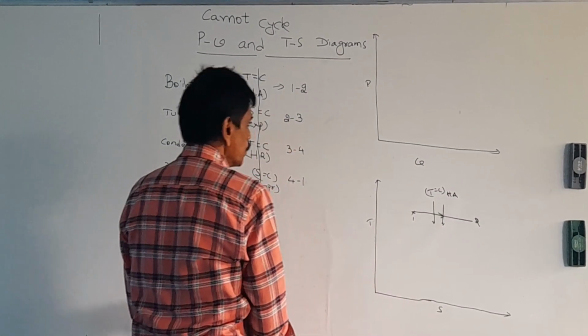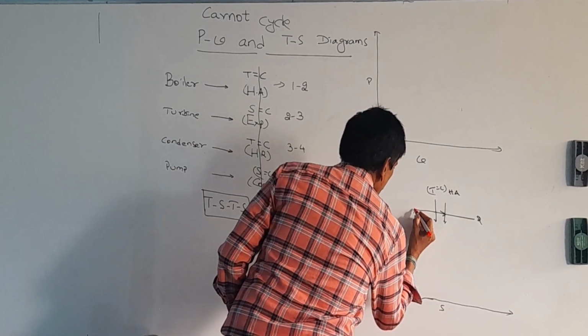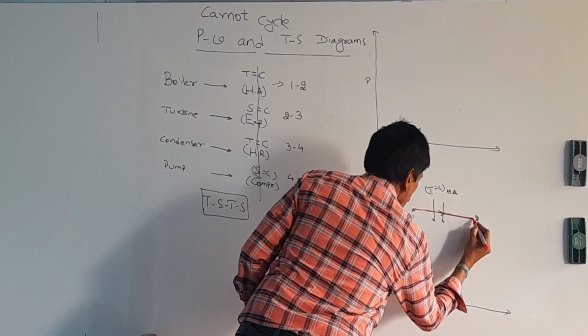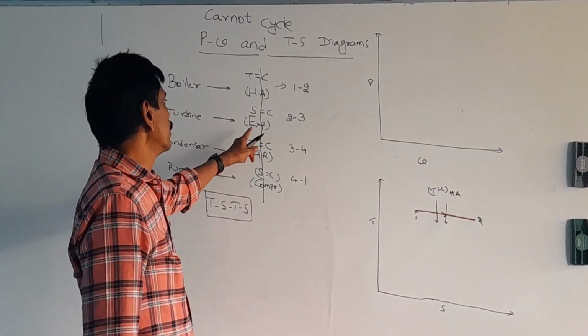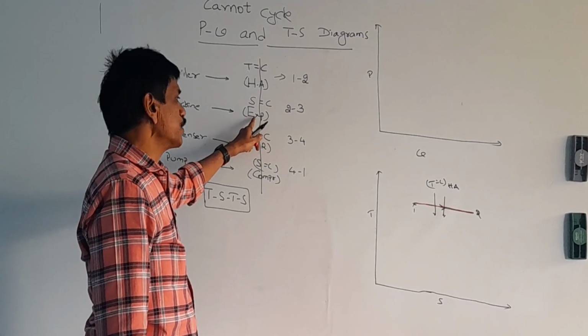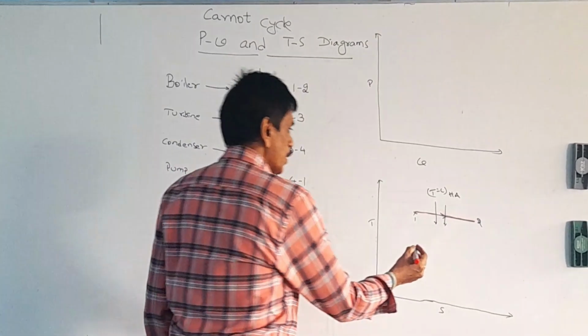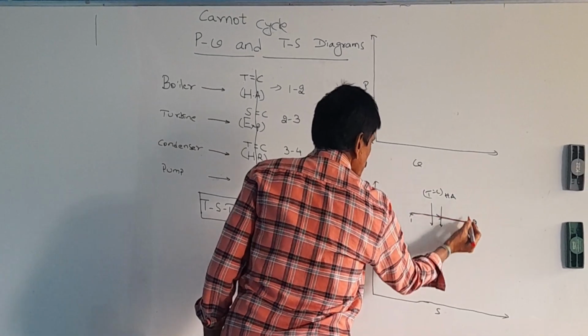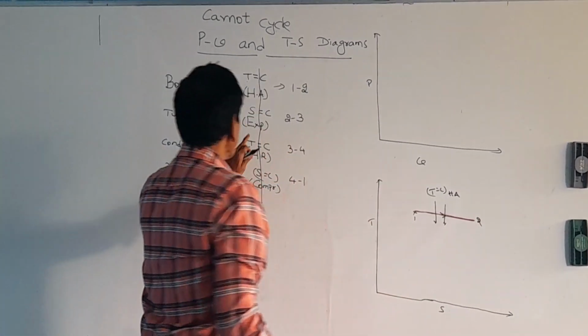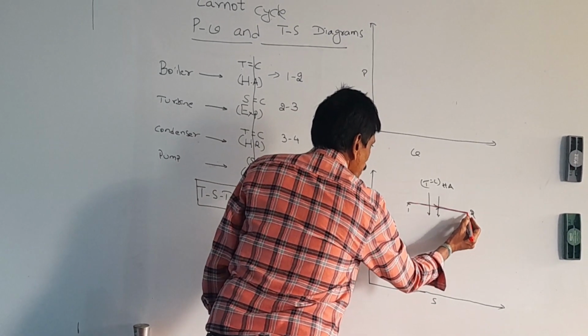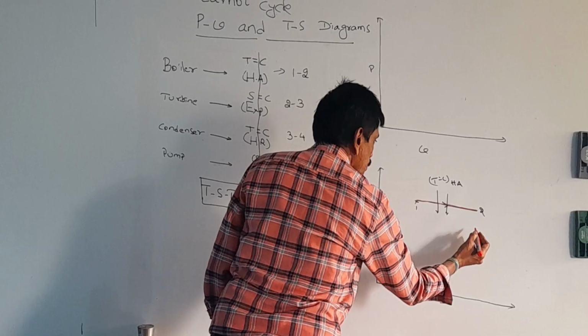So 1 to 2 is the heat addition shown on the TS diagram. Later, 2 to 3 is the expansion. Expansion is isentropic. Isentropic means vertical, whether vertical upwards or vertical downwards. Because of the expansion, the temperature also decreases along with the pressure.